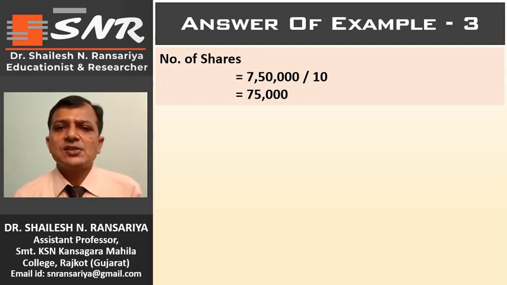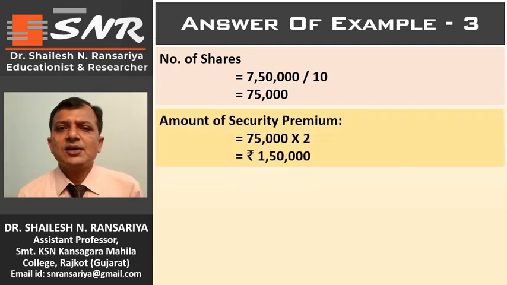So new shares 75,000. Now we can calculate security premium. So amount of security premium is equal to 75,000 multiplied 2. Here new shares are issued at rupees 2 per share premium. So it is rupees 1,50,000.